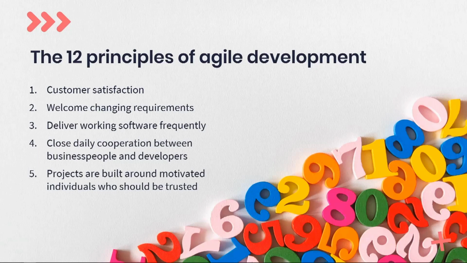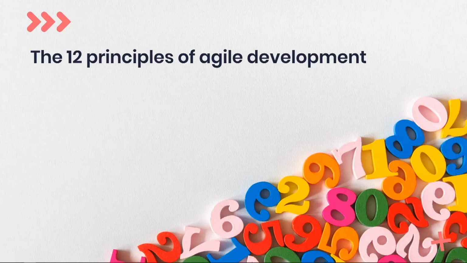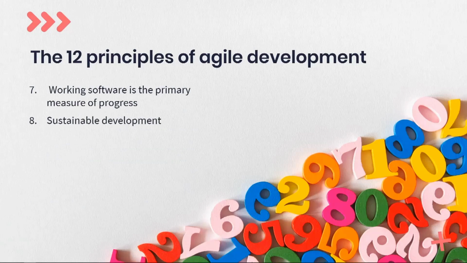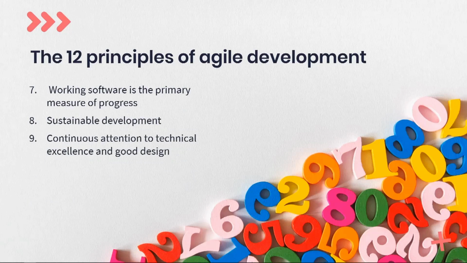And then face-to-face conversation is the best form of communication. Co-location. Working software is the primary measure of progress. Sustainable development, able to maintain a constant pace. Continuous attention to technical excellence and good design.